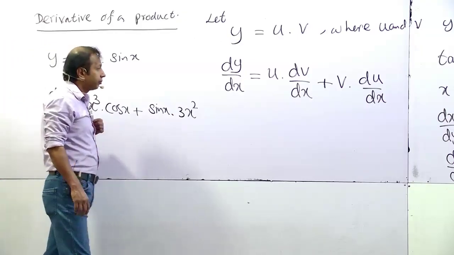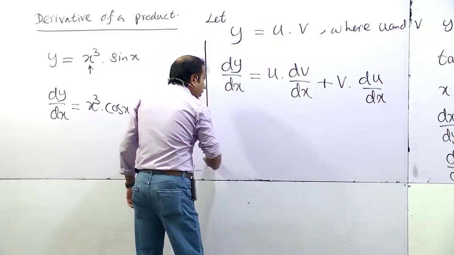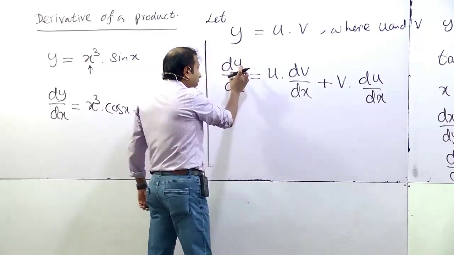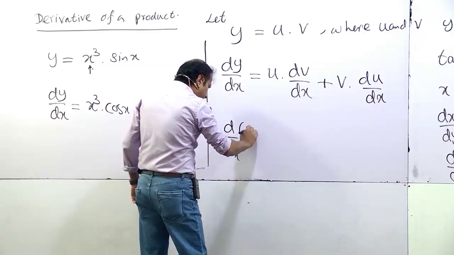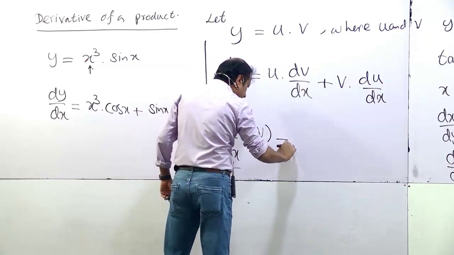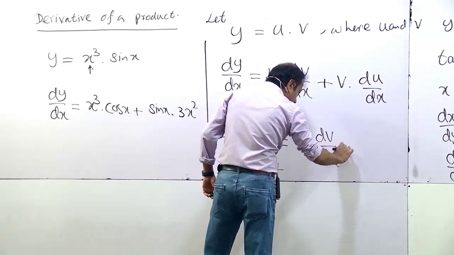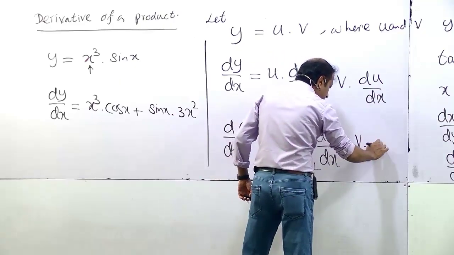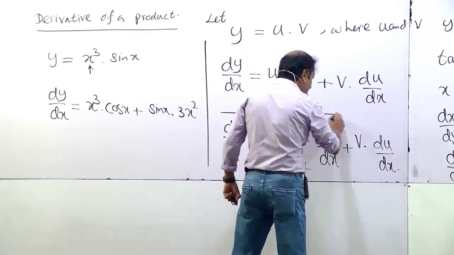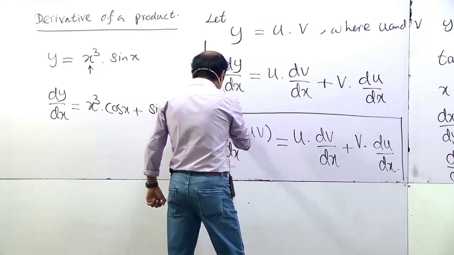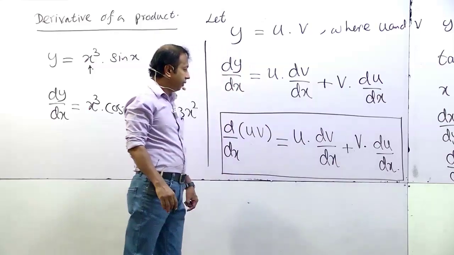Write down this result. Now I substitute for this y, d over dx, uv. Write down this result.